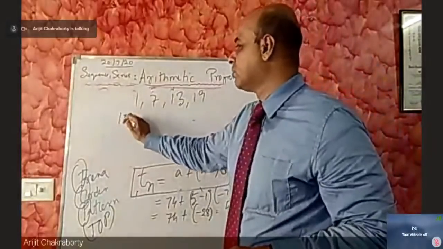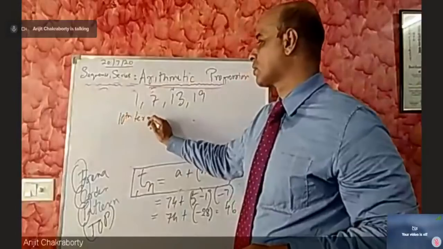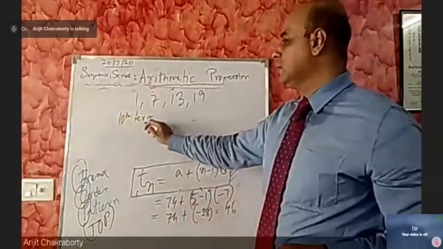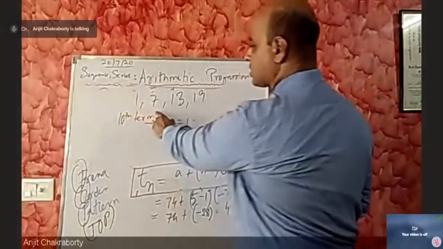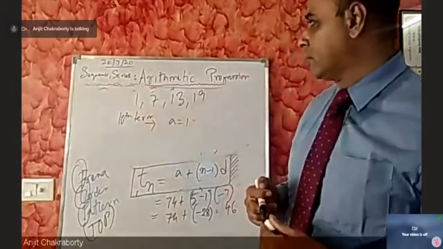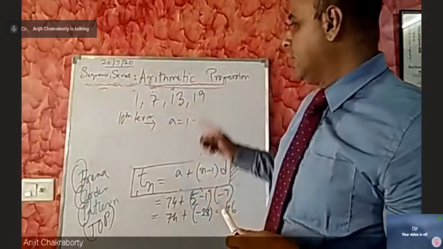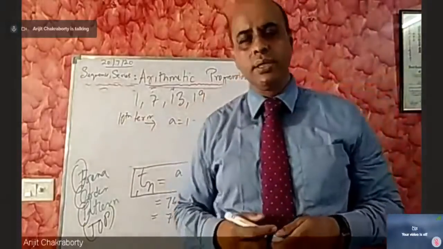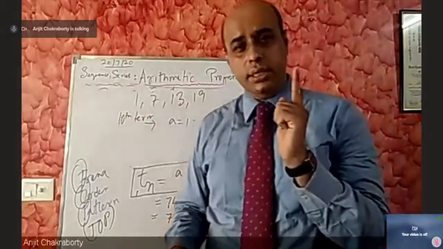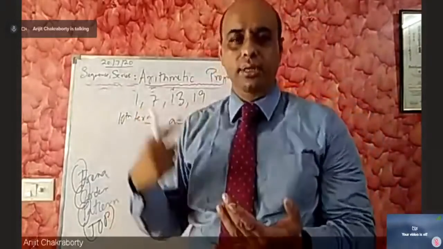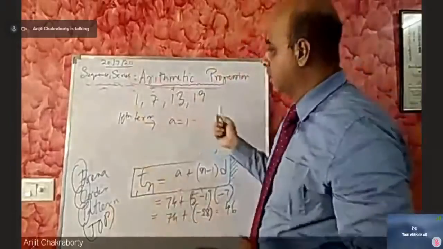The 10th term means here A equal to 1. It starts with 1. 1, 7, 13, 19. Is it a sequence? Yes, it's a sequence. Why? Because there is a top, there is a trend, there is an order, there is a pattern, it increases.